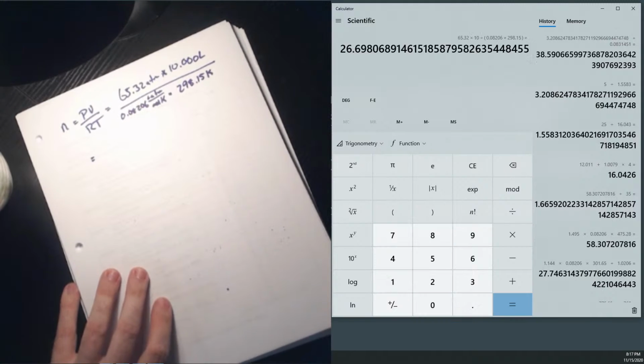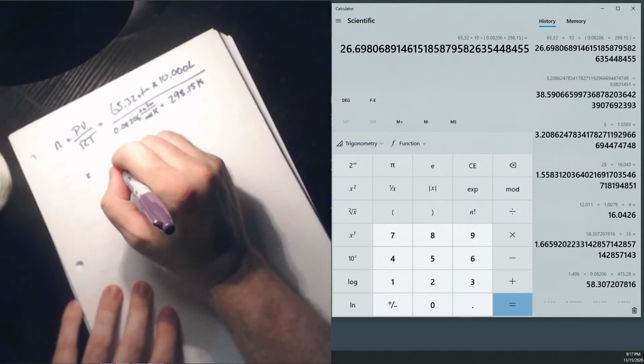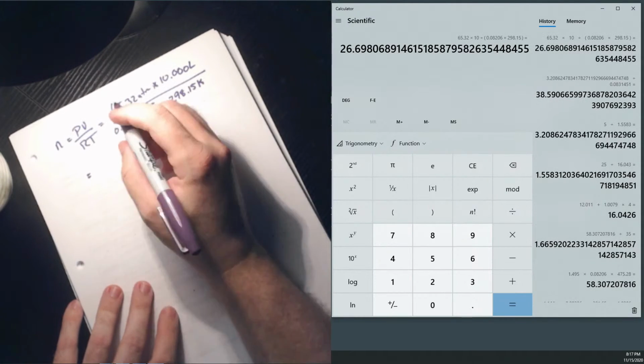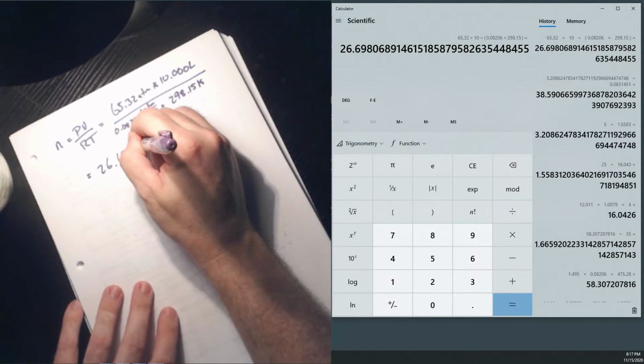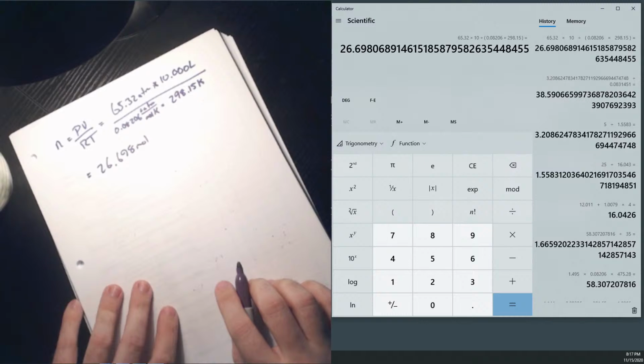Boop and boop. 26.698 moles? That seems excessive.